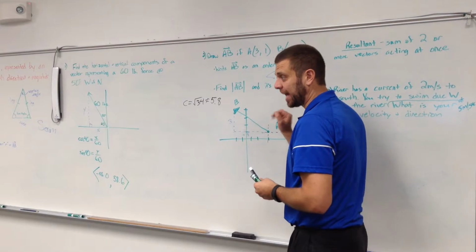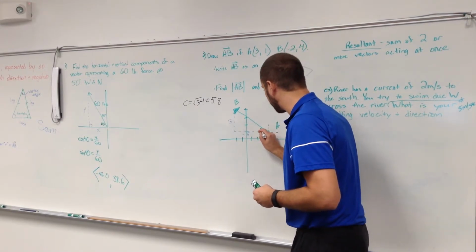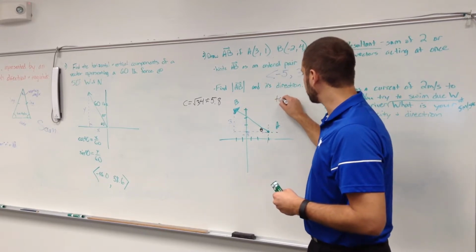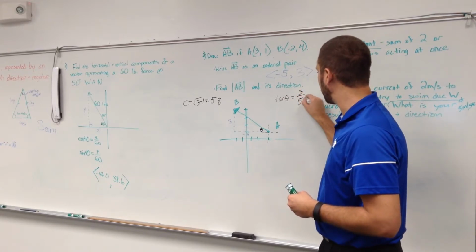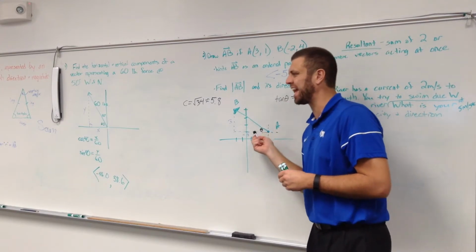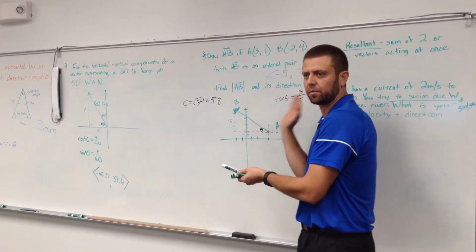To determine exactly how many degrees north of west, we would need to figure out this angle in the triangle, right? So let's go tangent of theta equals 3 over 5. We don't even need to mess with negatives here. It does not matter whatsoever when you go to find an angle here. In this story problem, you're going to have a positive angle anyway.